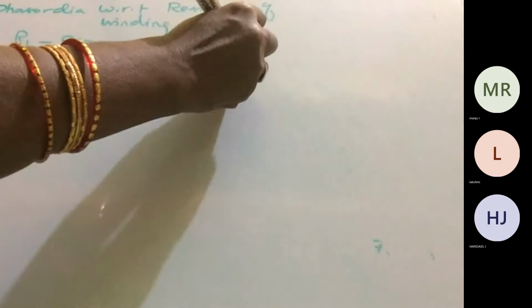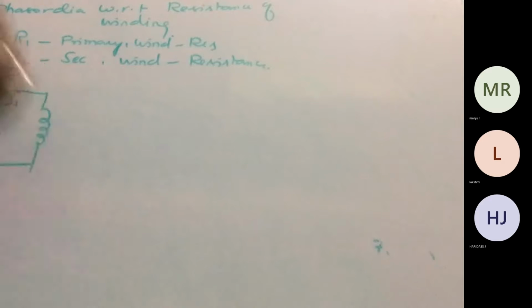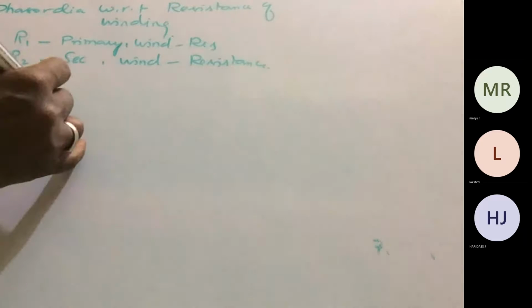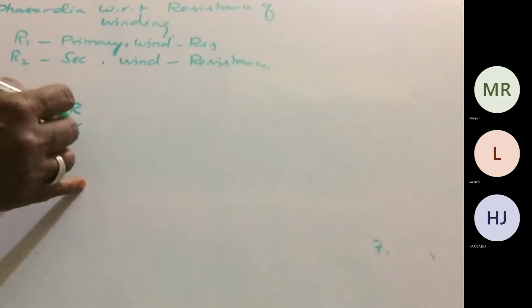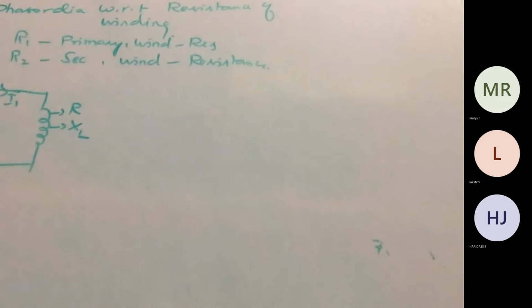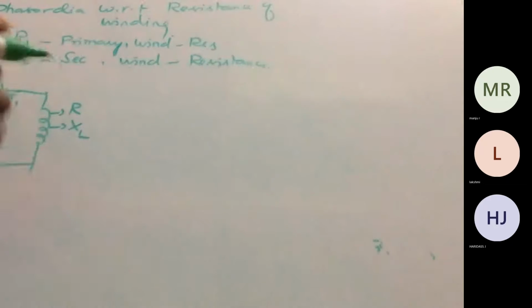Anyone, can you tell? We are giving the supply V1 to the primary, and current I flows through the primary winding. What happens in the primary winding if we consider the resistance? The winding has resistance as well as reactance, so the coil has inductive reactance, and the impedance is R plus j XL, isn't it?